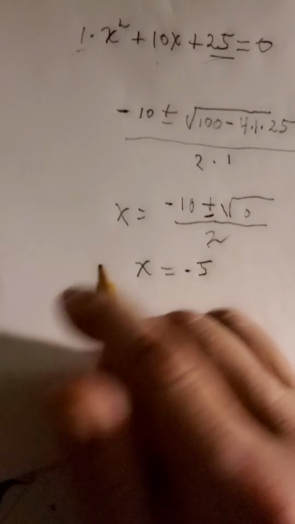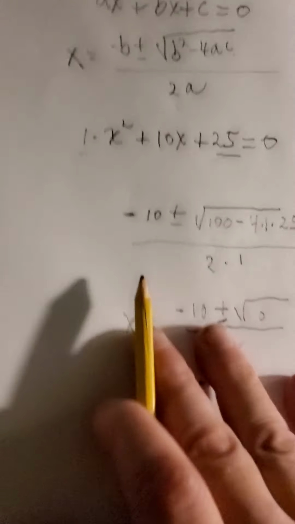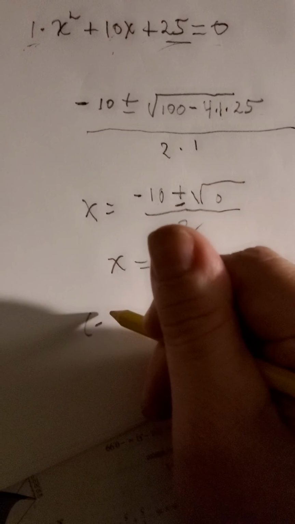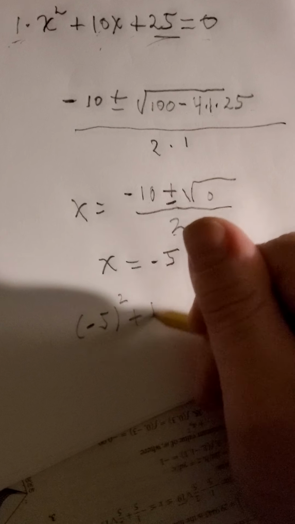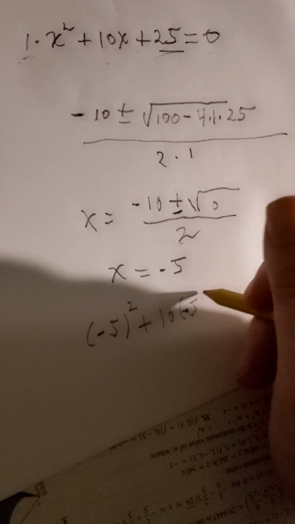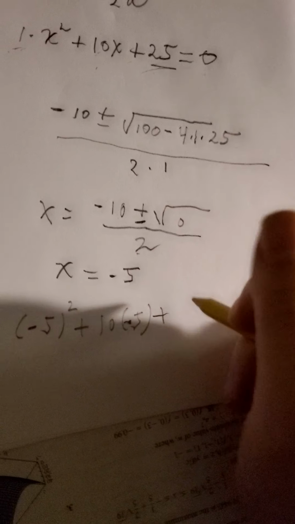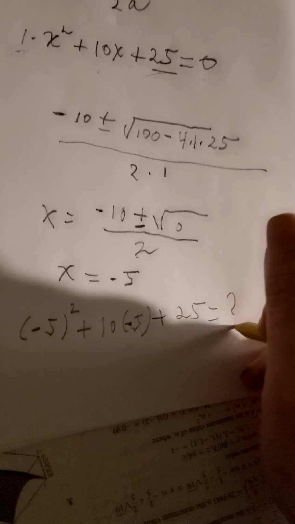Always test it. Let's plug it into the original equation. So we have x squared plus 10x plus 25 equal to 0. Let's see if it satisfies that. So negative 5 squared plus 10 times negative 5 plus 25 equals, we don't know yet. We've got to solve it.